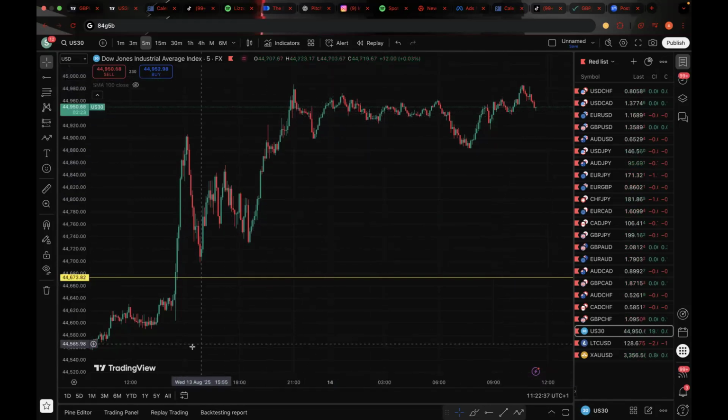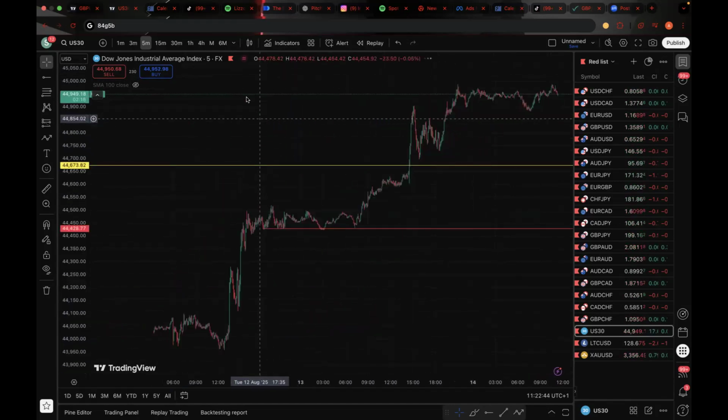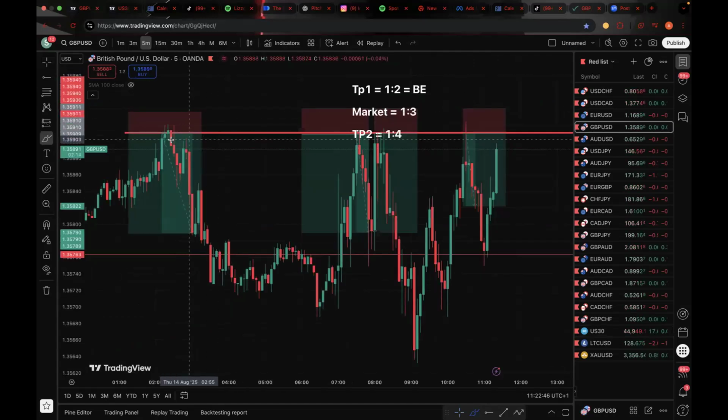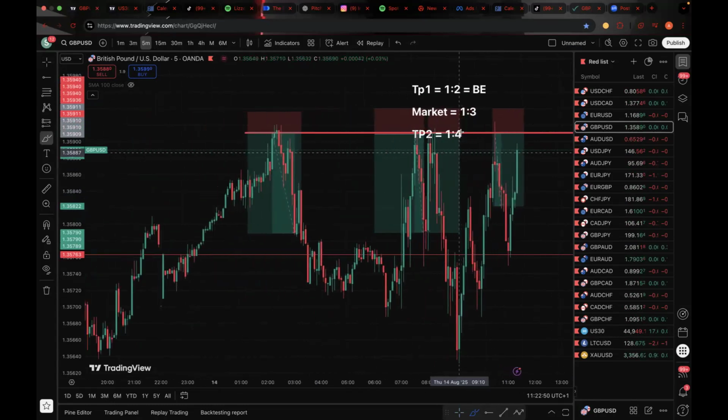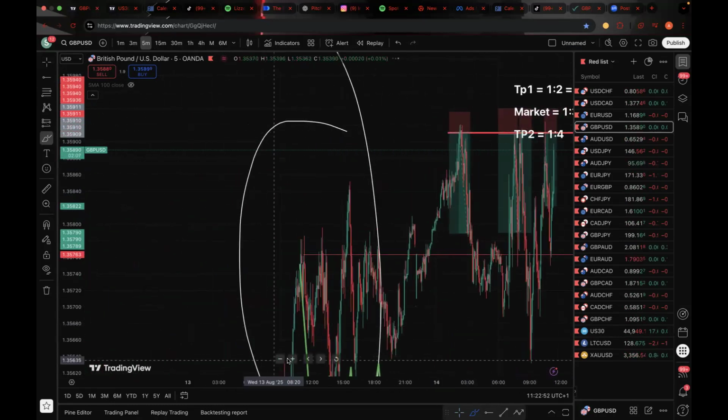All right, so let's look at this thing. The strategy is very, very simple. First reaction, second reaction, third reaction. So let's look at setups that formed this particular week.